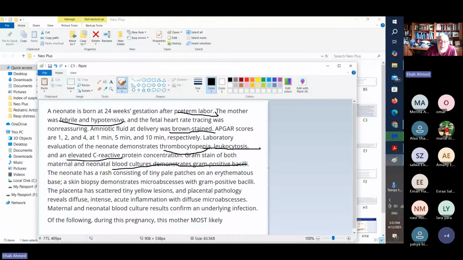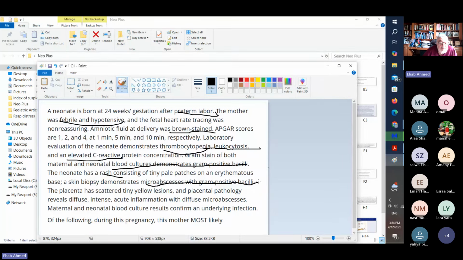Gram-positive bacilli. When you hear gram-positive bacilli, what do you think of? Because this is the key of this case. The neonate has a rash, tiny pale patches on an erythematous base. Skin biopsy demonstrated microabscesses in the skin causing skin rash with the same gram-positive bacilli.